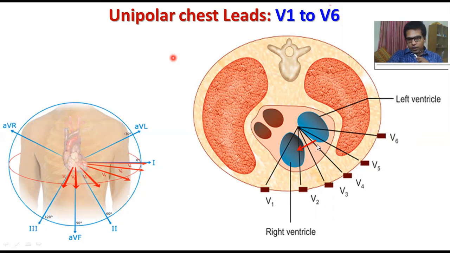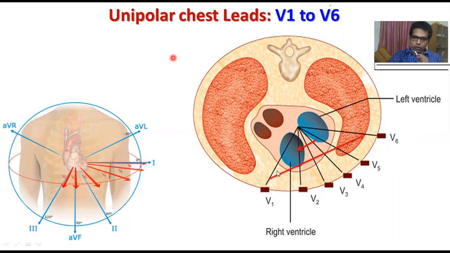Now, ventricular depolarization starts with the septal depolarization, and septal depolarization occurs from left side to right side. So this time this septal depolarizing vector is moving towards the V1 lead and moving away from V6.